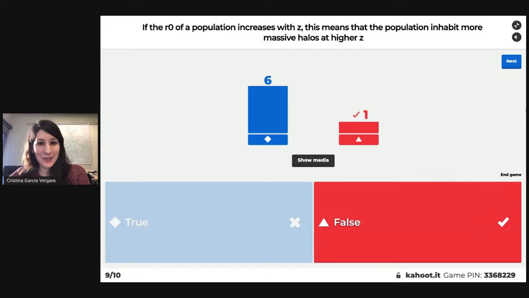Okay, the answer is false, and I see that most of you replied true. To be honest, this is a tricky question, and we will cover it in more detail tomorrow. But I would like you to keep in mind that R naught, or the correlation length, is an indicator of the halo mass in which objects inhabit.